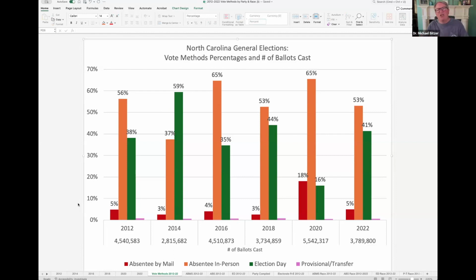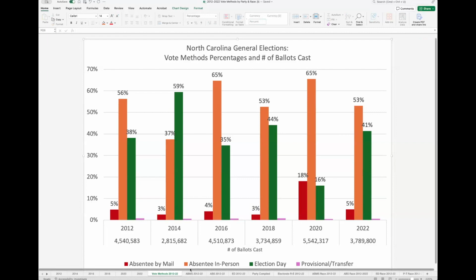I think the big shift was that absentee by mail dynamic, but I'd be curious if it was probably more election day voters from 2016 or absentee in-person voters in 2016 going by mail in 2020.